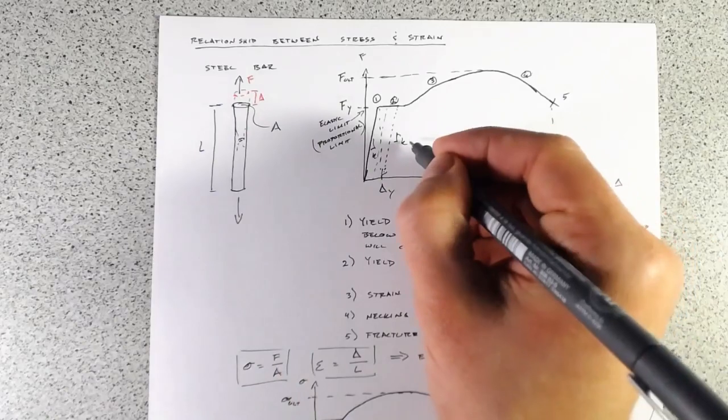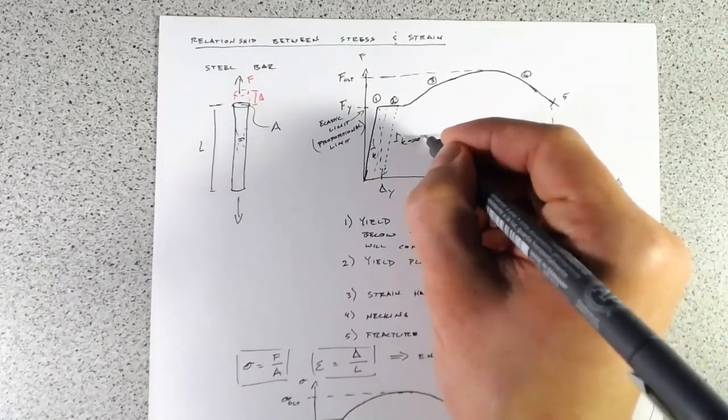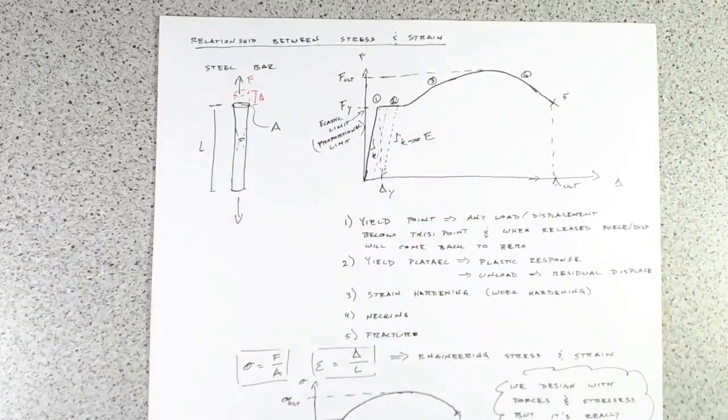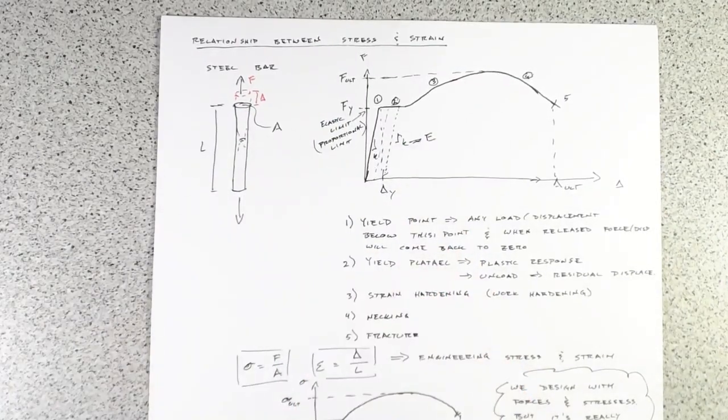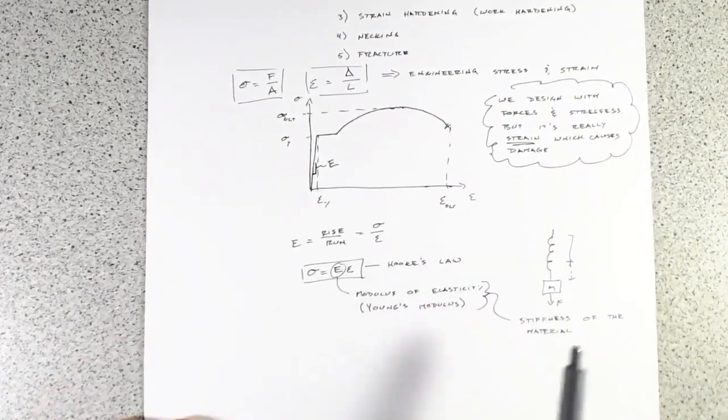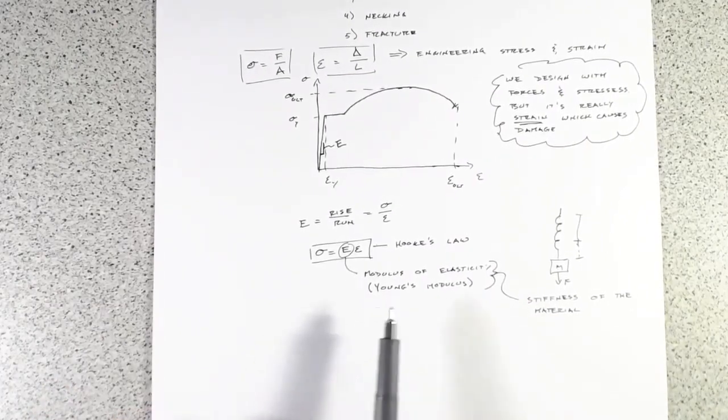This value K here equals E. So our force displacement is also going to go up at the modulus of elasticity of steel. You get different moduli of elasticity for different materials. Steel is approximately 200 gigapascal. Concrete is about 1/10 that. Aluminium is somewhere in between the two.